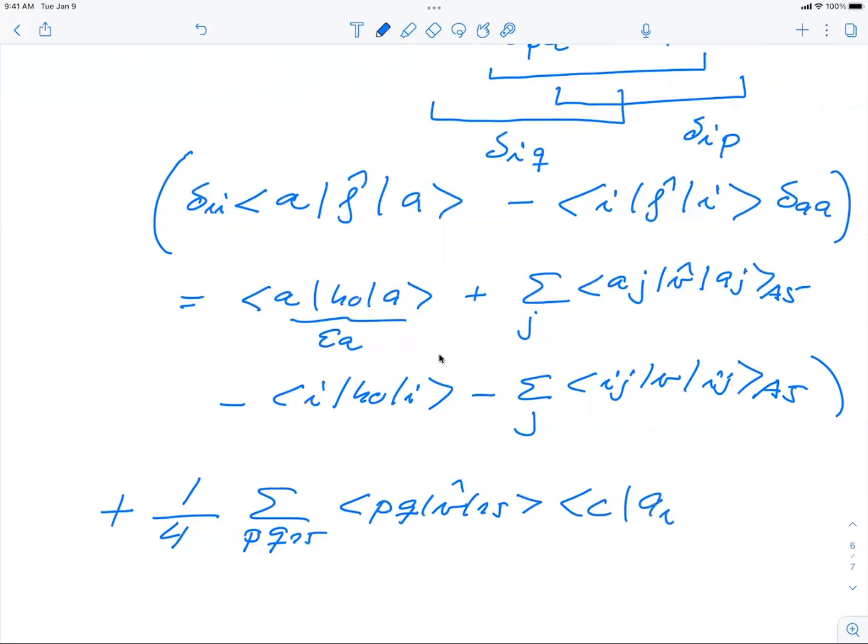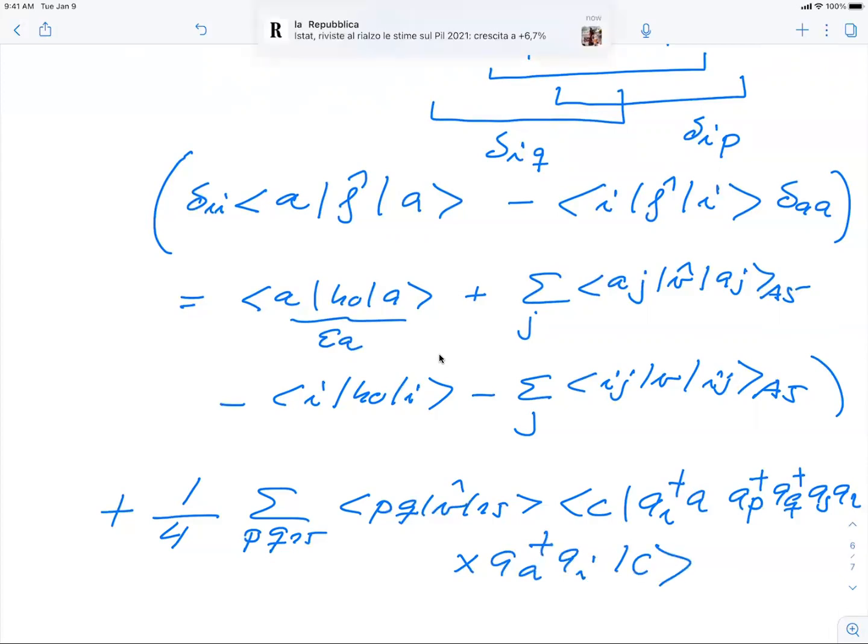So we would have a_I^† a_A, and this is multiplied with a_P a_Q, and then a_S a_R, multiplied with a_A^† a_I. Now, this second term is actually 0. The reason is that we are going to have two sets of operators in the expression for the Hamiltonian which are not going to be contracted with any of these particle states defined in the Slater determinants. But we're going to see that after a small break.